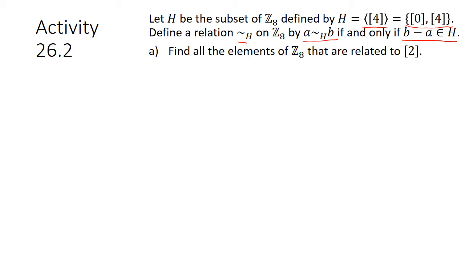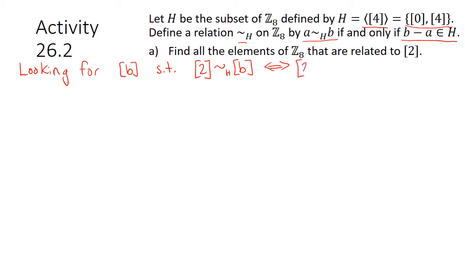Okay, so what we're looking for in part A here is we're looking for, let's call it B, such that 2 is related to B. In other words, that would mean 2 minus B. Actually, it's the other way around, isn't it?